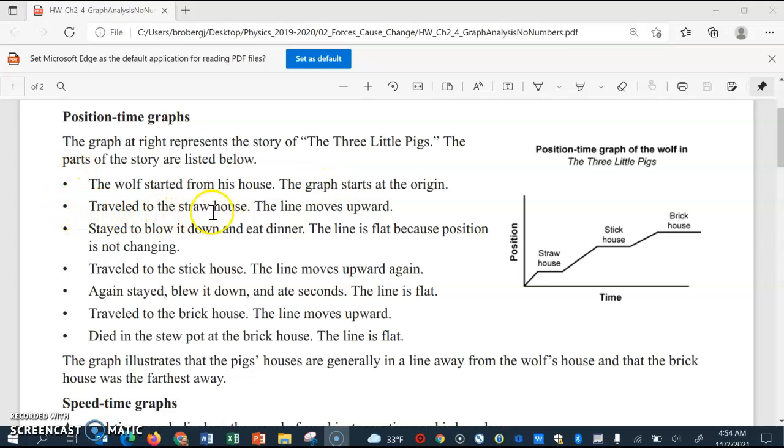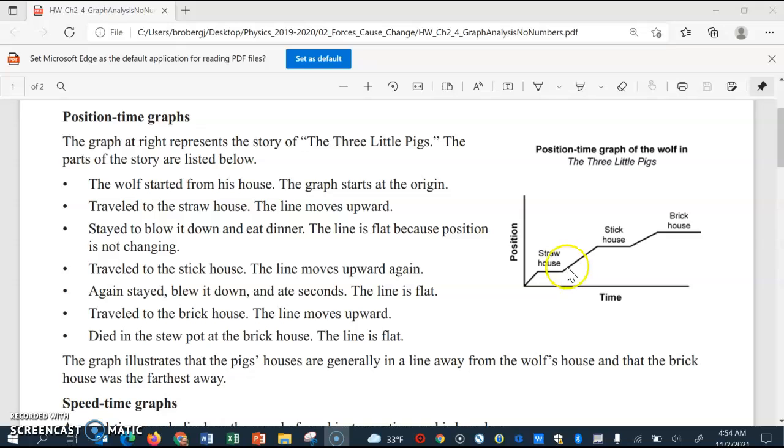If the wolf goes to the straw house, the line moves upward, assuming he's going at a constant speed. Then when the wolf stops at the house to blow it down, it's going to be a flat line, because when you're stopped, it's a flat line.